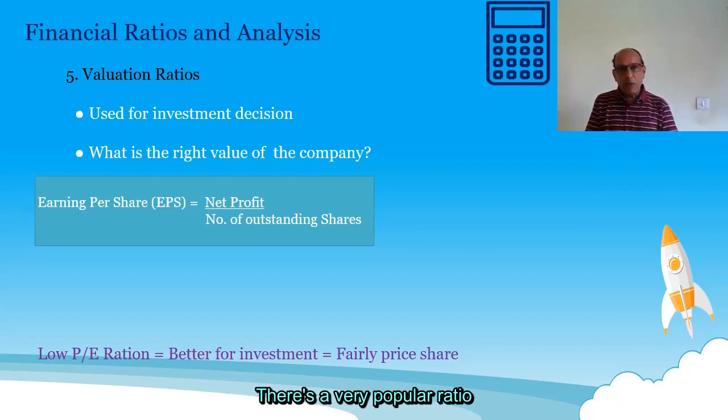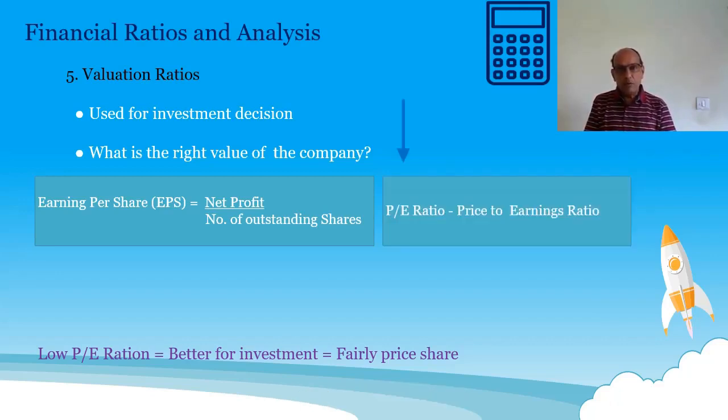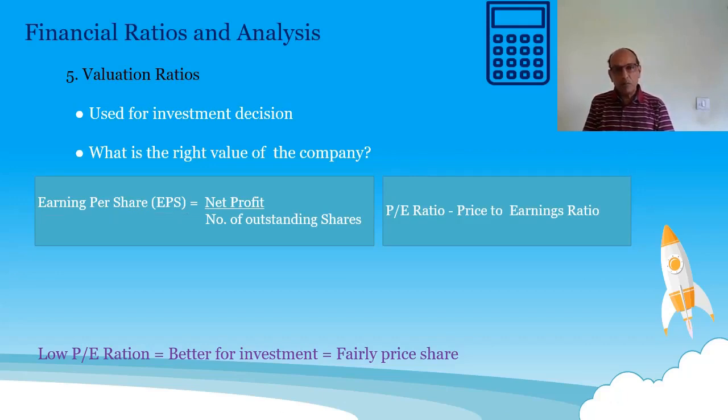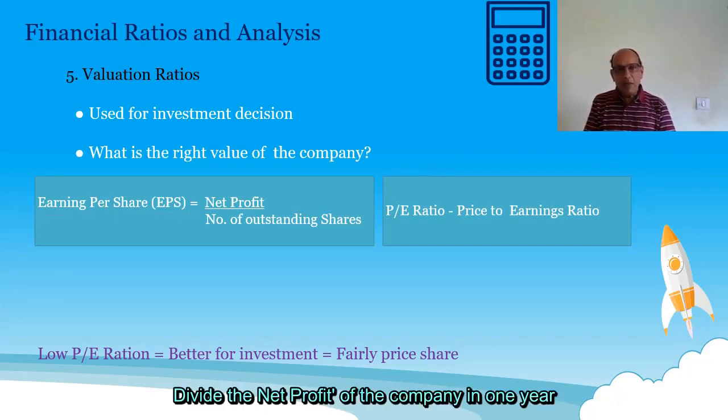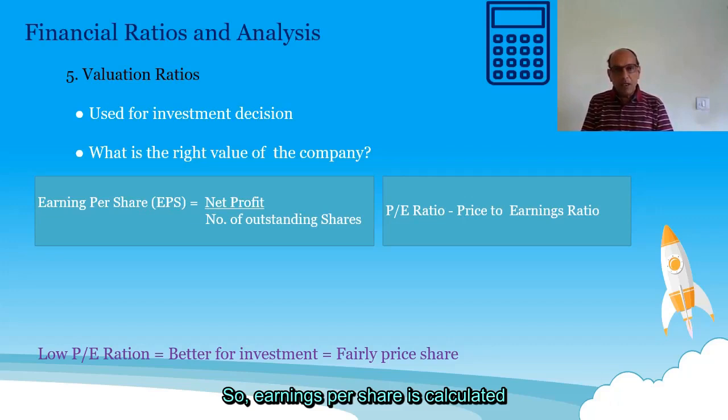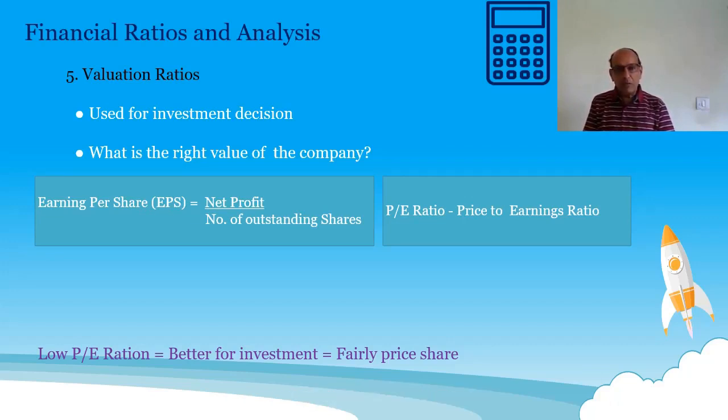There is a very popular ratio which is called PE ratio. In this, first you find earnings per share. Divide the net profit of the company in 1 year by the number of outstanding shares. So earnings per share is calculated.